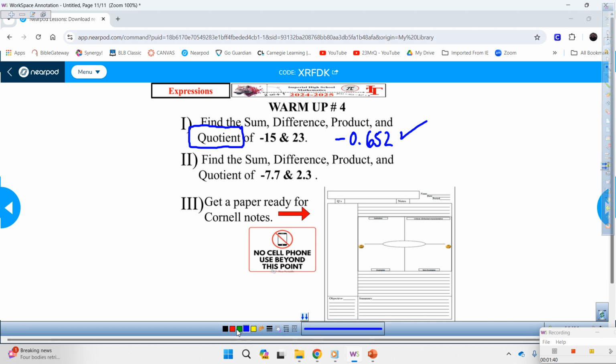Number 2, before we pass that to someone, tell your neighbor what you got for the difference of negative 7.7 and 2.3. Share with your neighbor.